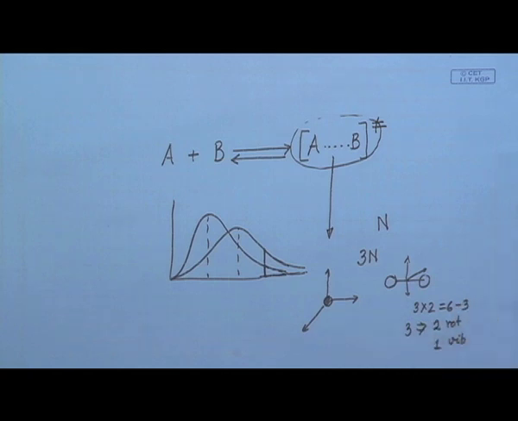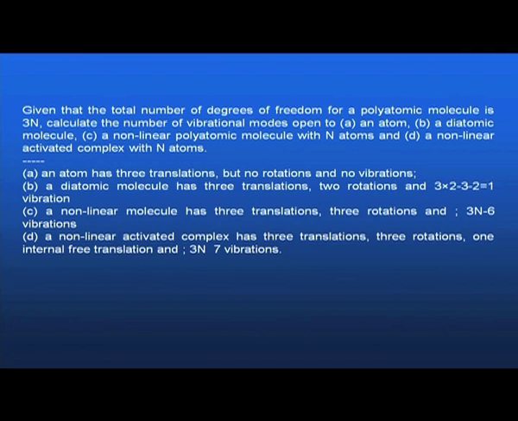Now, the question is to calculate the number of vibrational modes open to A, an atom, B, for a diatomic molecule as I explained to you, C, for a nonlinear polyatomic molecule with n atoms, and D, a nonlinear activated complex with n atoms.